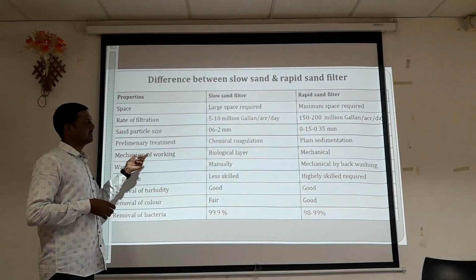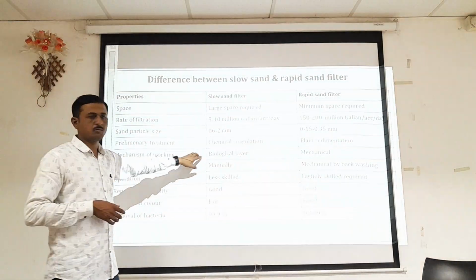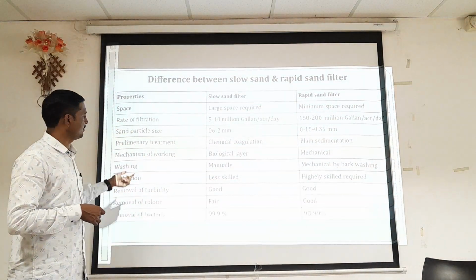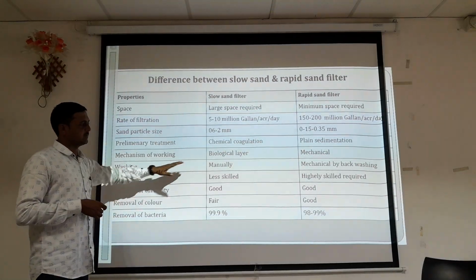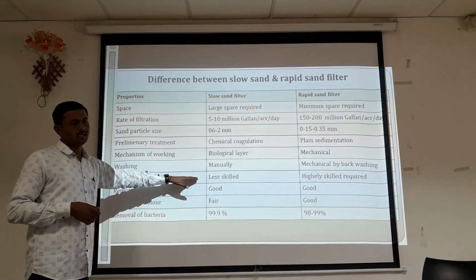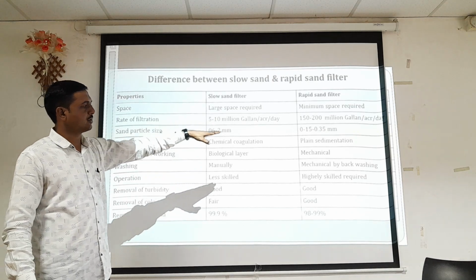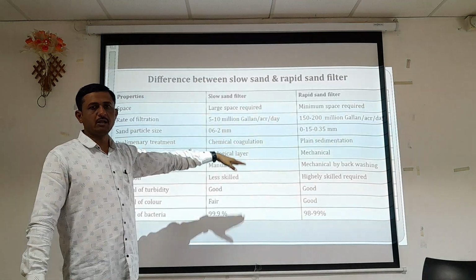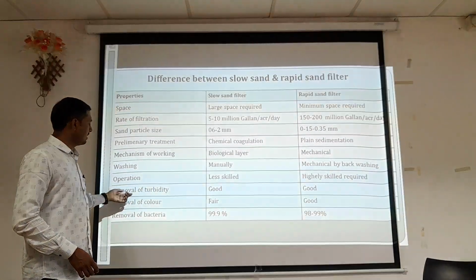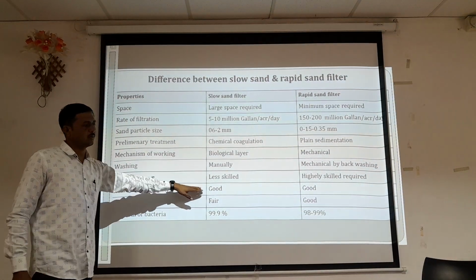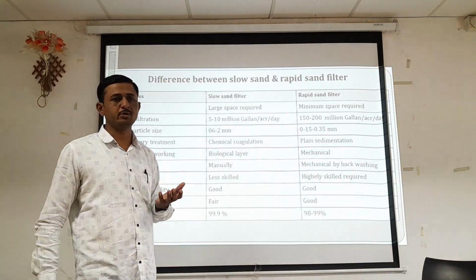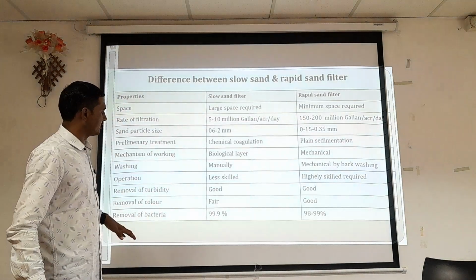The mechanism of working in the slow sand filter is a biological layer, with no mechanical processes, while in the rapid sand filter filtration is carried out by mechanical means. Washing is manual in the slow sand filter, and by backwashing in the rapid sand filter. Operation requires less skilled labor in the slow sand filter, while the mechanical filter requires a highly skilled operator. For removal of turbidity, the water after filtration is of good quality in both filters.